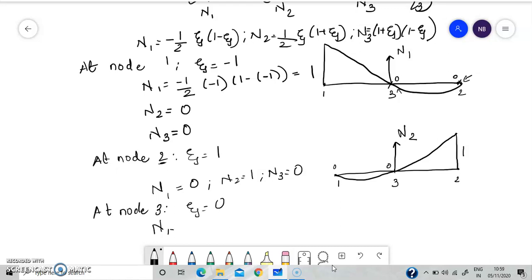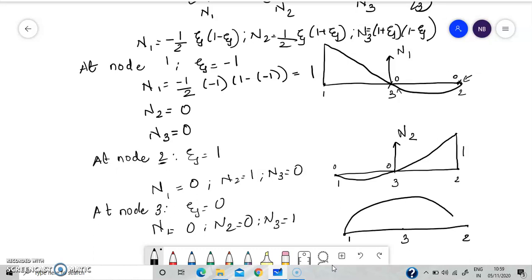So here after substituting we get n1 as 0, n2 as 0, and n3 as 1. Node 1, 3 and 2. And here it is 0 and 0.